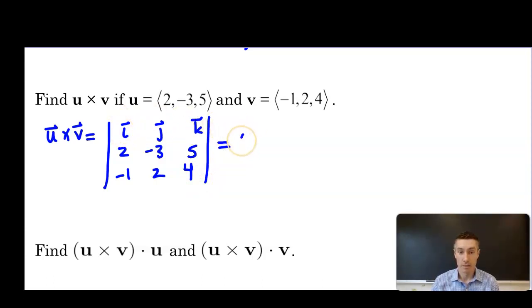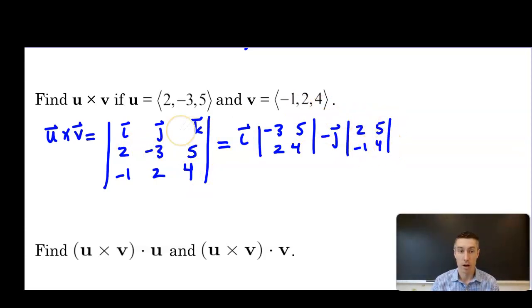So i times, we cover the first column and the first row, so the matrix is negative 3, 5, 2, 4, and then minus j, and the matrix is going to be 2, 5, negative 1, 4 when we cover the first row and the second column, and then plus k, which will be 2, negative 3, negative 1, 2.